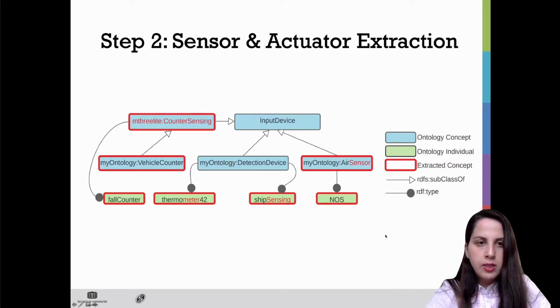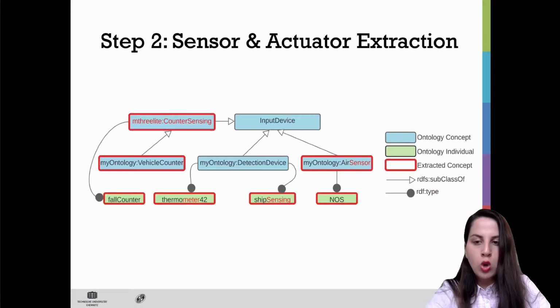The next step is the sensor and actuator extraction. There are some patterns identified by the domain experts, which are then used to extract the sensors and actuators. These patterns combine reasoning based on well-known concepts with a heuristic NLP-based approach. For that, the patterns have to consider both ontology structure and identifiers, as we show here for sensor identification.